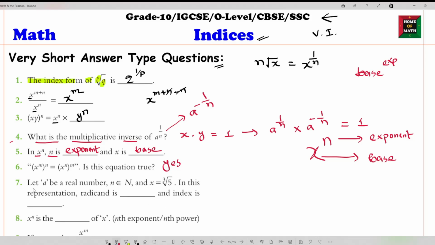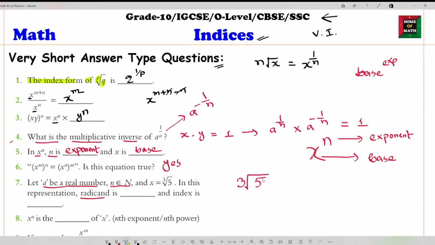Number 7: let a be a real number, n an element of the natural numbers, and x equals the cubic root of 5. In this representation, what is the radicand? Here we have 3 and a root 5, which means the cubic root of 5.